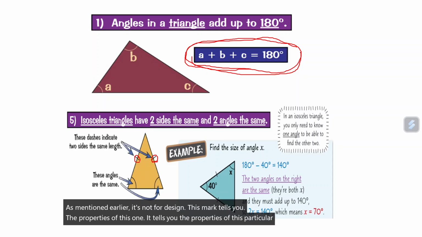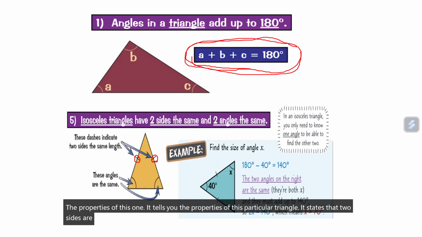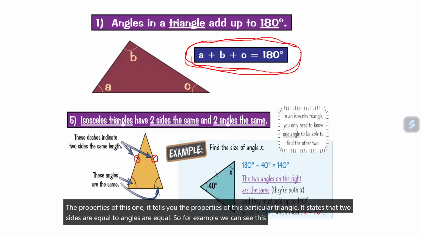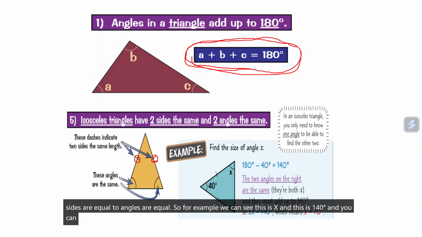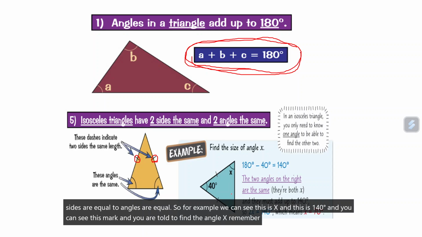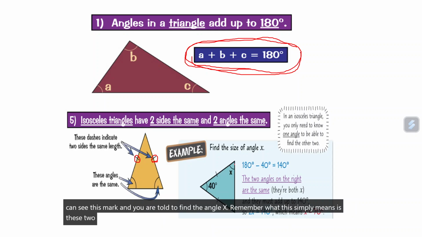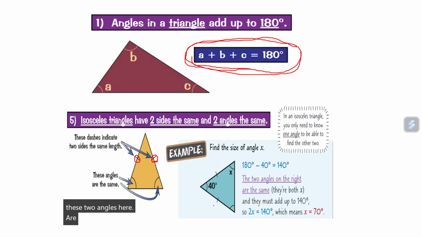It states that two sides are equal, two angles are equal. So for example, we can see this is x and this is 40 degrees, and you can see this mark, and you are told to find the angle x. Remember, what this simply means is these two angles here are equal and two sides are equal.